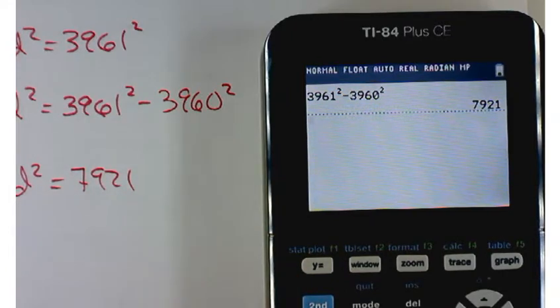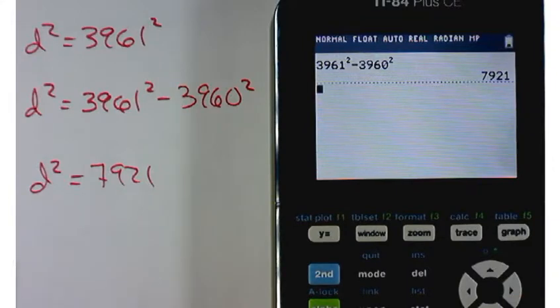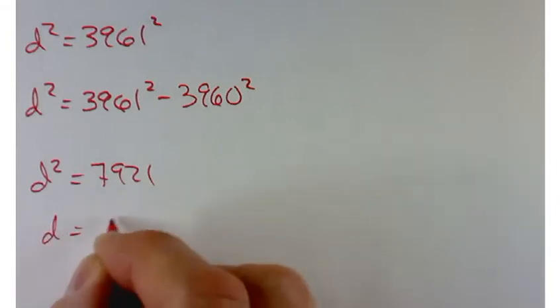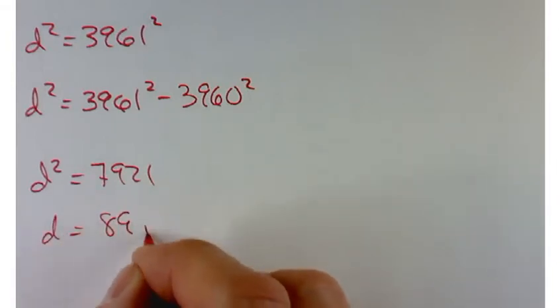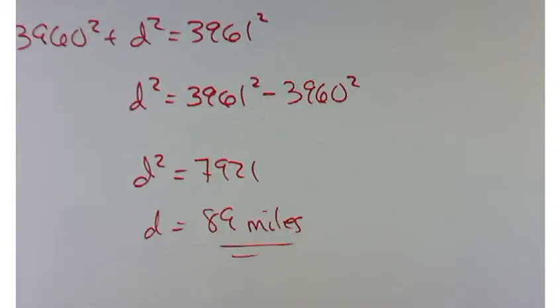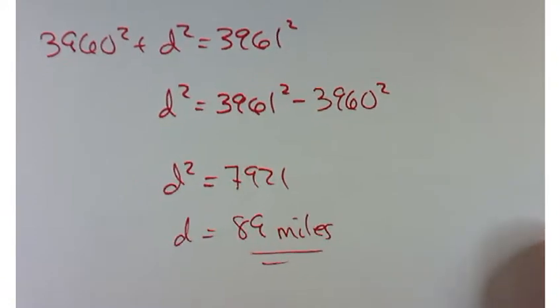And what's the quick way to get the square root here? Yeah, raise it to the 0.5 power. Bam. So D equals 89. What are the units? Yeah, 89 miles. So about 90 miles. In the ideal world. So pretty cool.